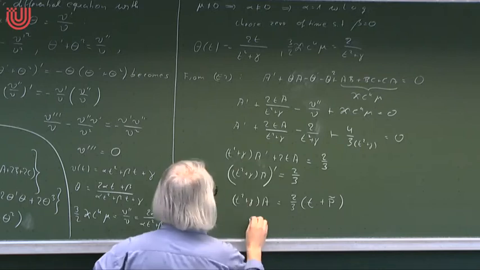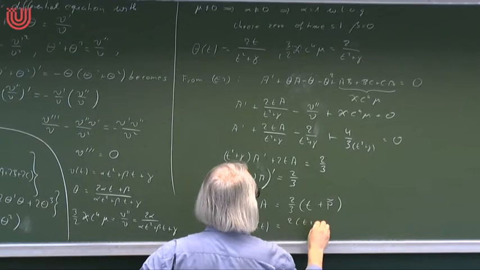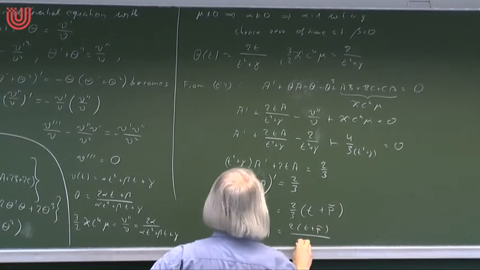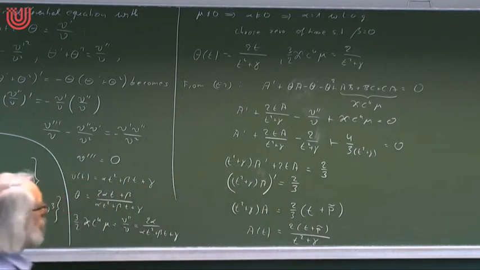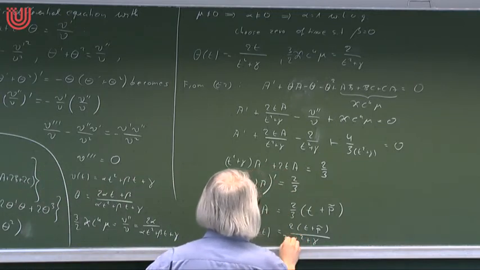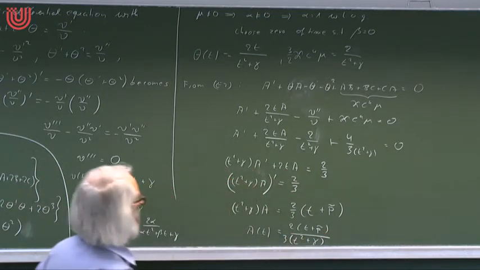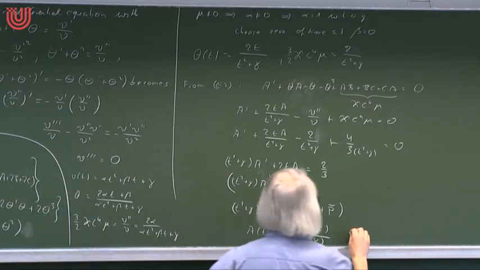And so my solution is A of t is 2/3 times t plus P tilde, divided by t squared plus gamma. And I forgot the 3, right? There's the 3. 2/3.